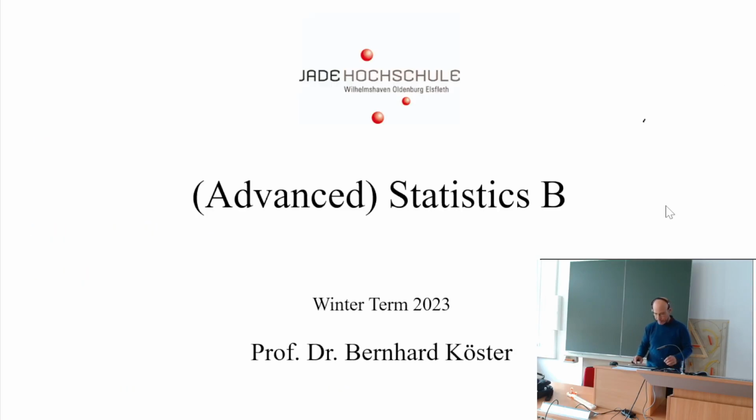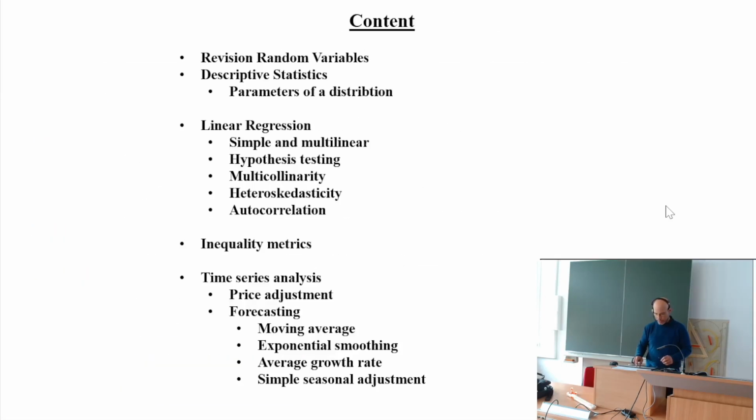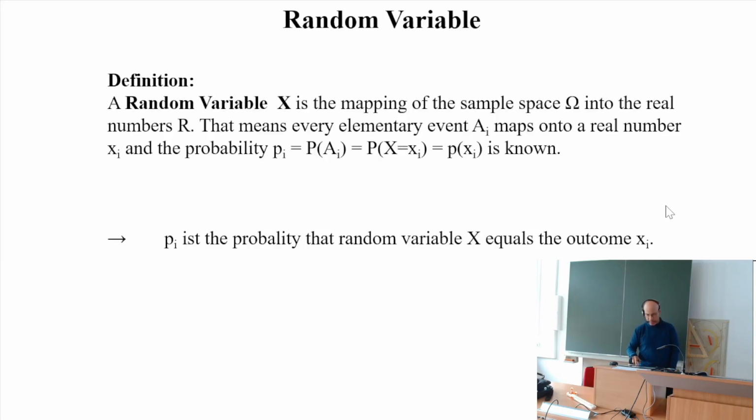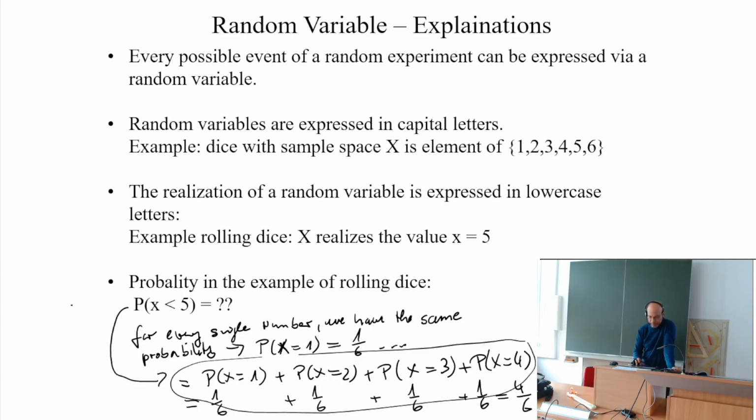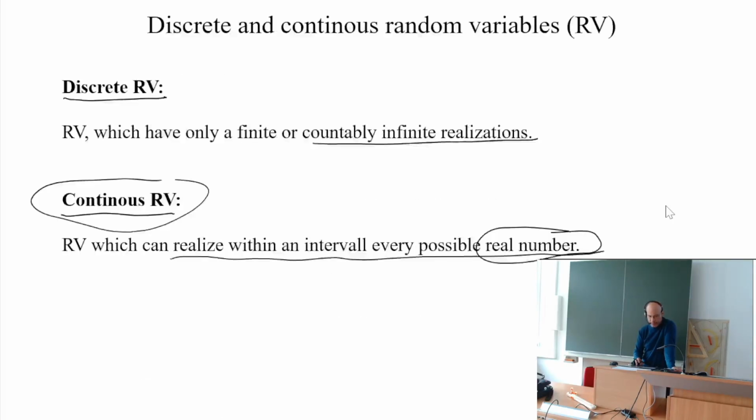We started last week just with an overview about the content, and then we started with a revision, and with this we want to go on. First, we remembered what a random variable is, how in a simple example we calculate probabilities and an expectation value, and we distinguished between discrete and continuous variables.